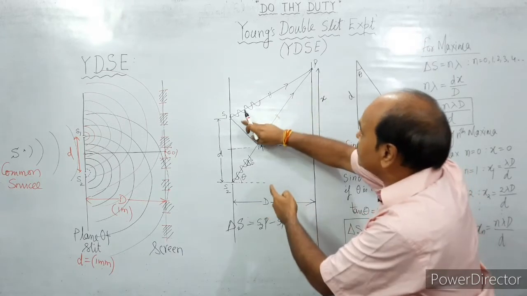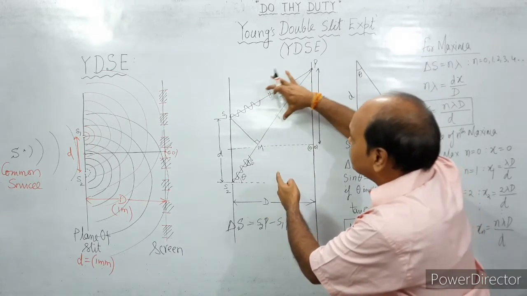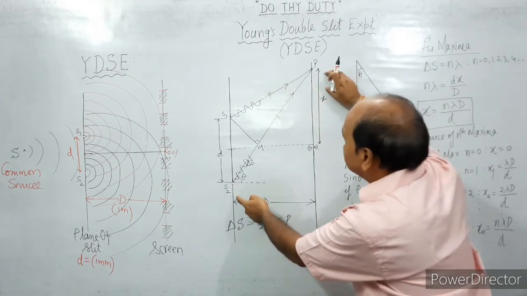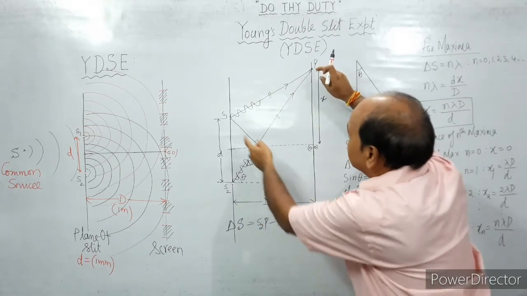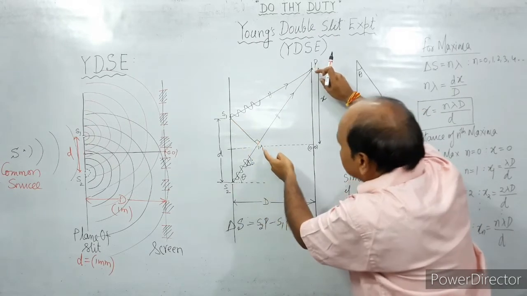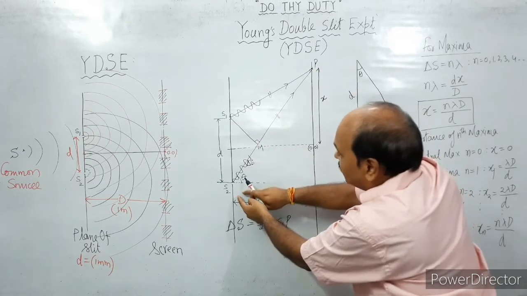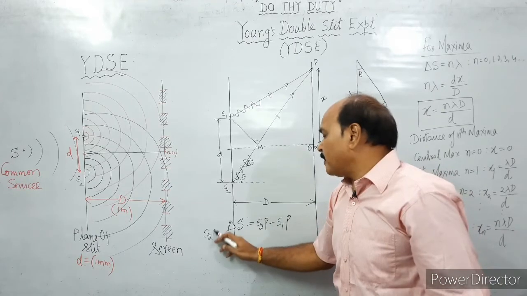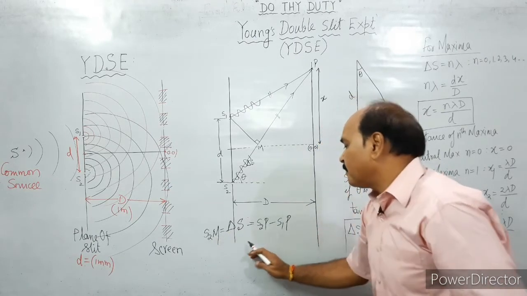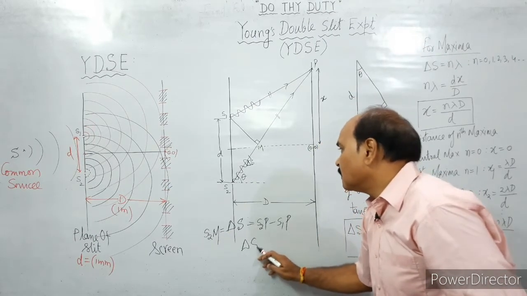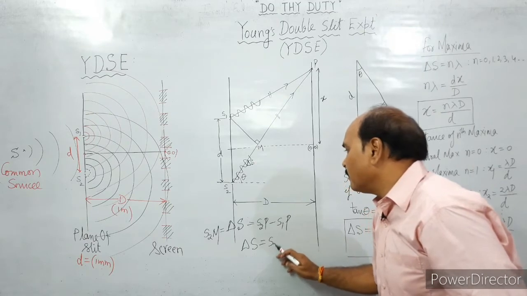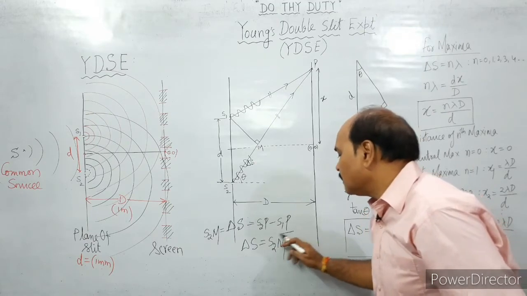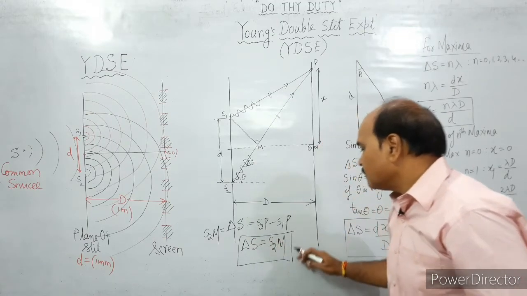MP is the same as S1P, both the distances are equal. So if from this distance we subtract this distance, what do we get? S2M. So this S2M is the path difference between the two, and we are going to find out the value of this S2M very shortly.